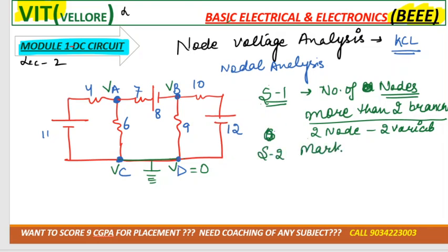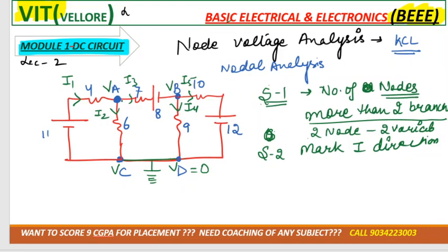We have to mark the current direction. What do we need to do? We need to mark the current direction. In this case we'll mark the current direction in the branches only: I1, I2, I3, I4 and I5. Clear?